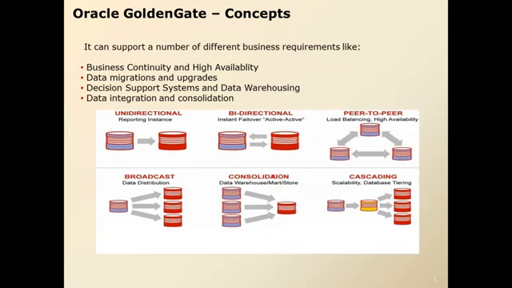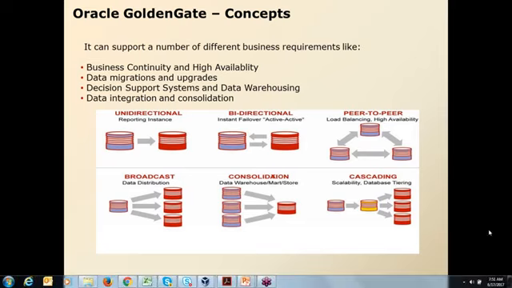During that downtime, it leads to user dissatisfaction, revenue loss for an organization, and loss of goodwill. So Oracle Goldengate could be used for zero downtime data migration and upgradation.